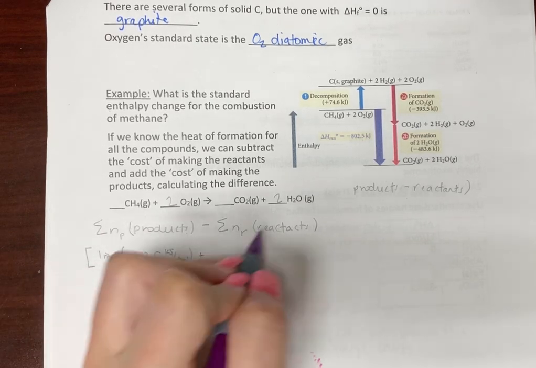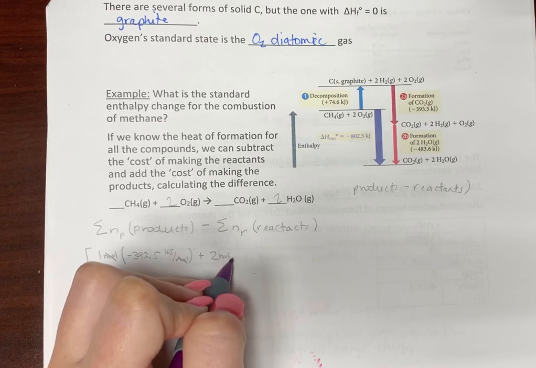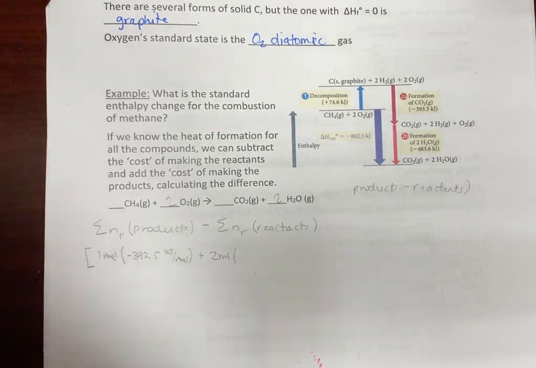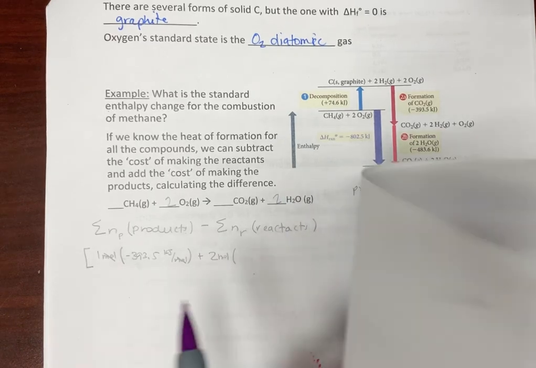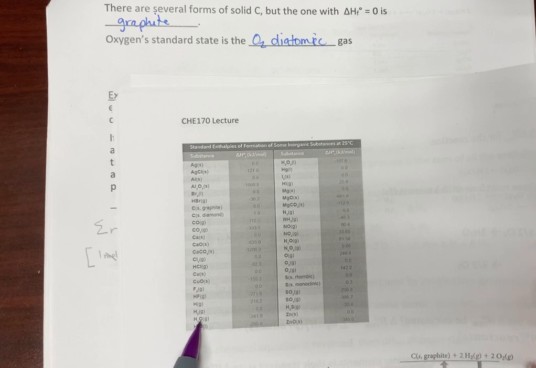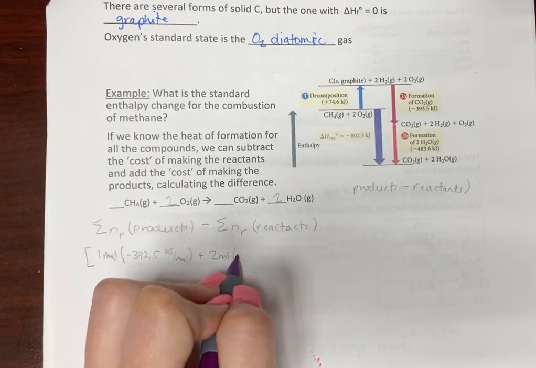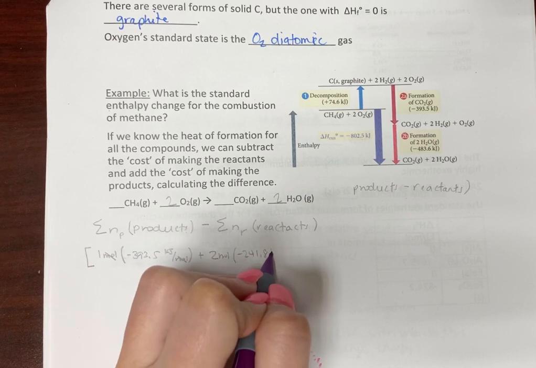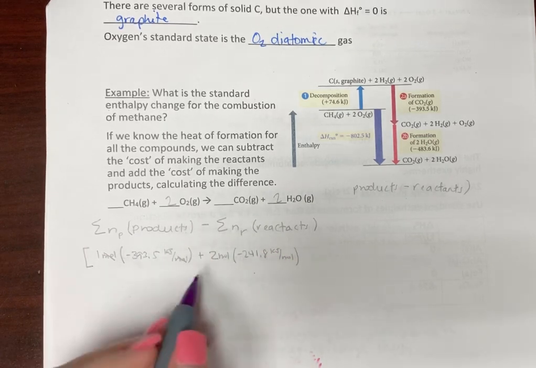Then we add 2 moles of water. Hopefully water's on this one, and it's gas water. Make sure you pick the right one, because there's gas and liquid, and they're different numbers, so be careful. Negative 241.8 kilojoules per mole. So we're done with the products.